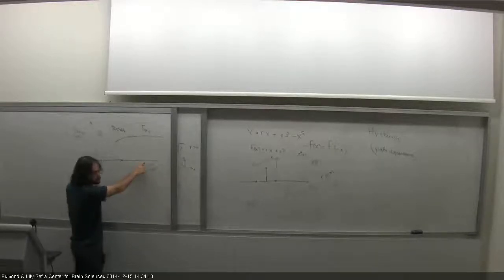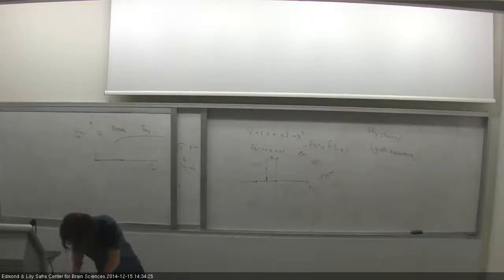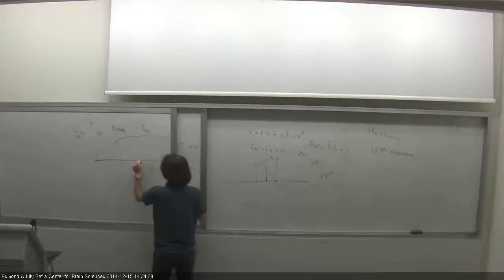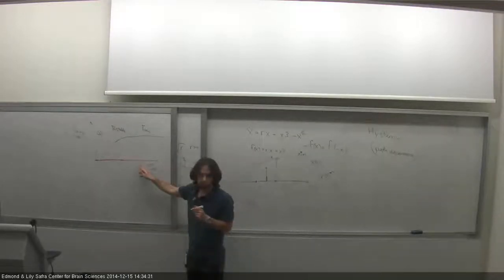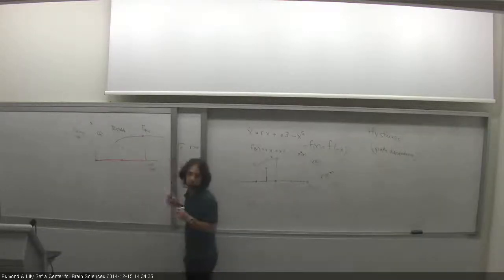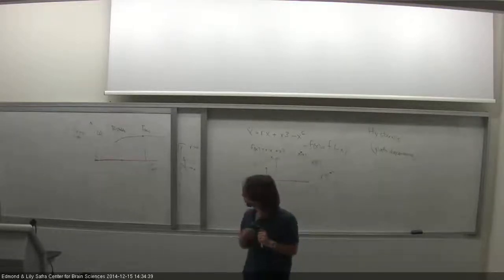The neuron can no longer be quiet. It must be here. I'll draw this in red. I took the neuron artificially beyond this point, and then it had to go here. If there is no noise, yes, right.